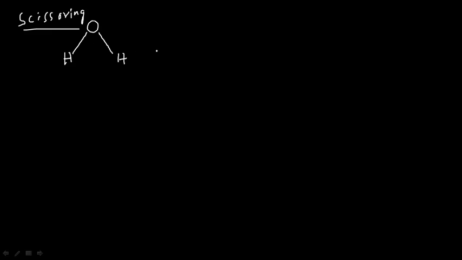Okay, now let us see. This is nothing but the movement of a scissor. If you see the movement of a scissor, one hydrogen atom is moving this side, and this hydrogen atom is moving this side.